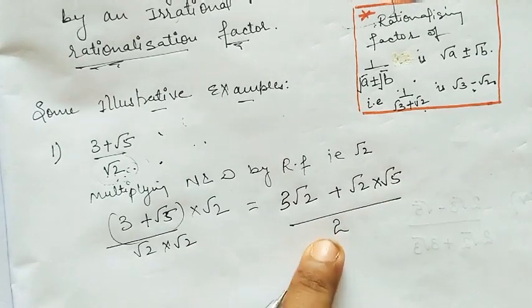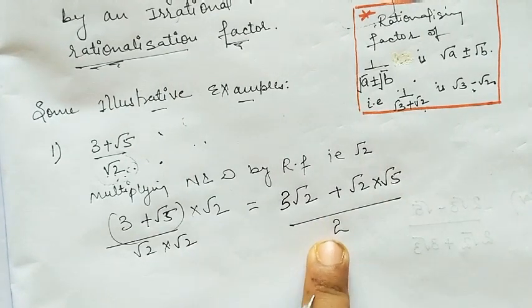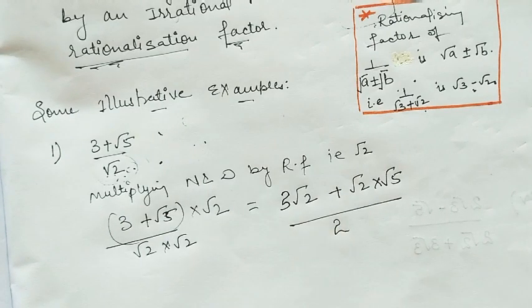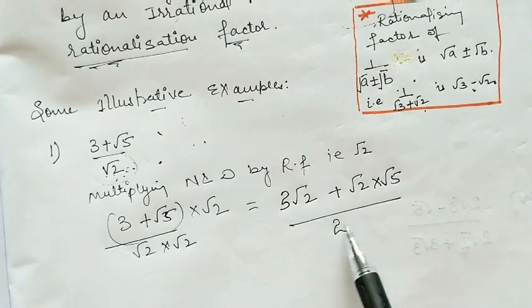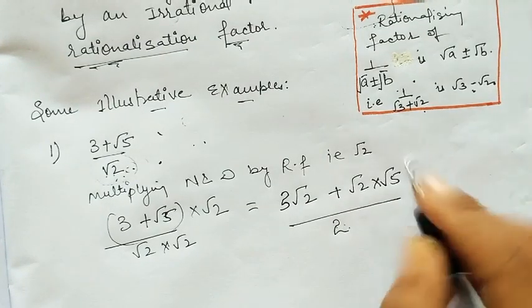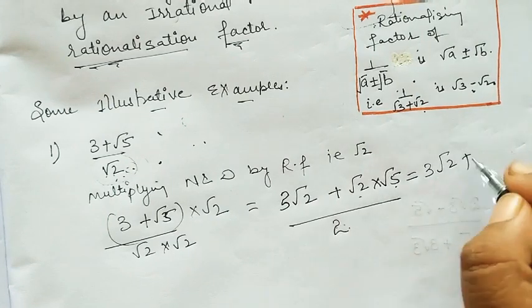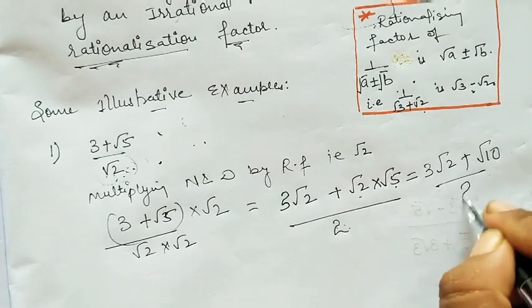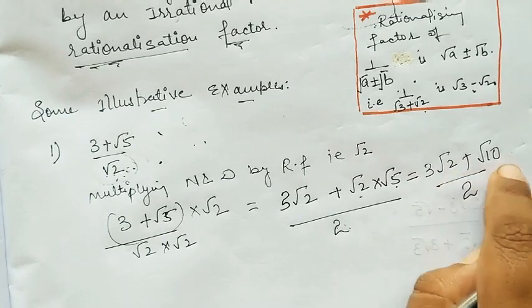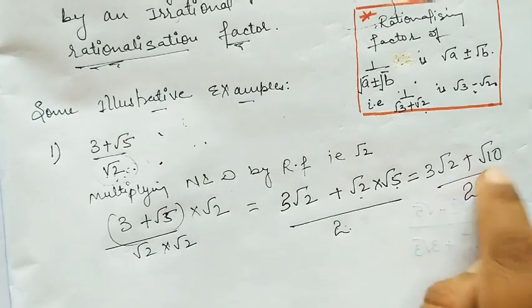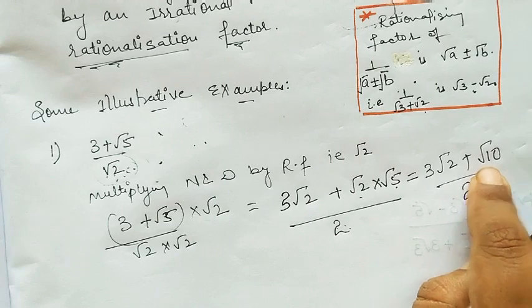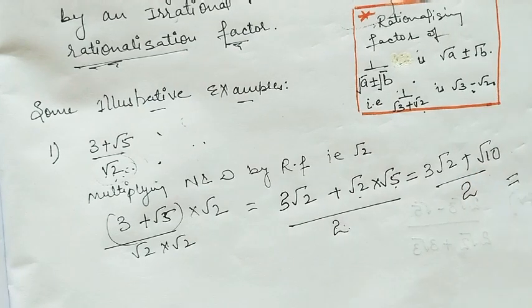This means we have rationalized the denominator, or removed the irrational number from the denominator. You can simplify it more: root 2 into root 5 is root 10, upon 2. If the values of root 2 and root 10 are given in the question, you can directly substitute them here, otherwise leave it as it is.